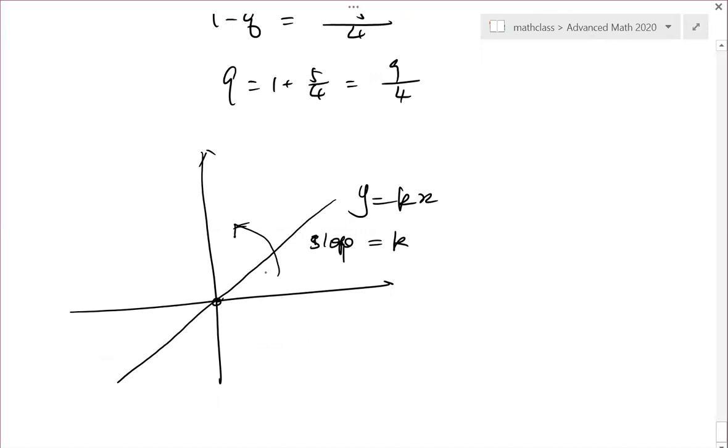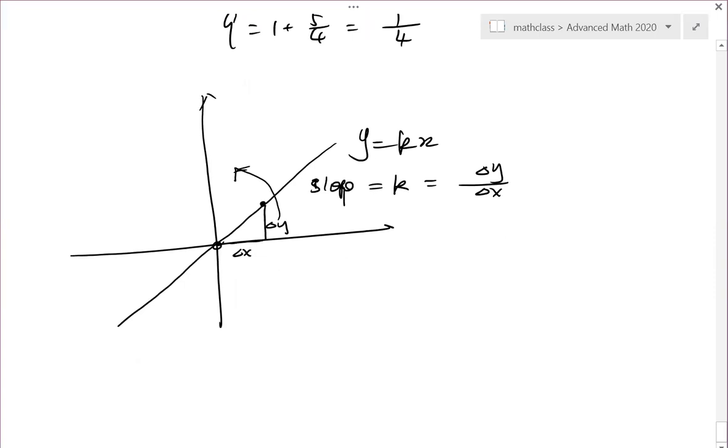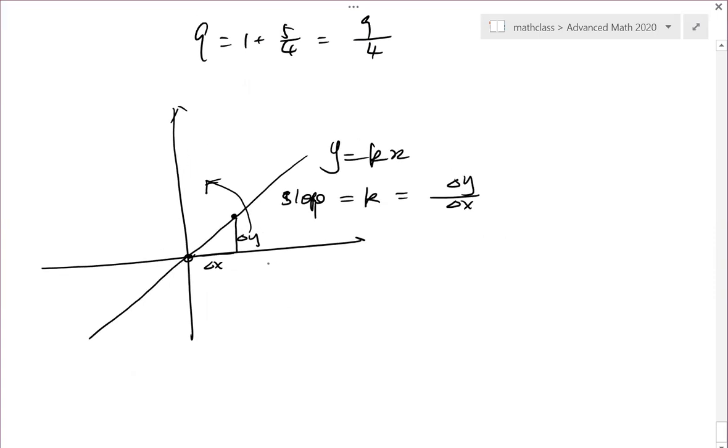The geometric meaning of k is, if this is delta x and this is delta y, k is delta y over delta x. If you keep delta x equal to 1 and increase delta y, then you make the line more vertical. So if you set delta x to be 1, the line is more vertical as k approaches infinity.